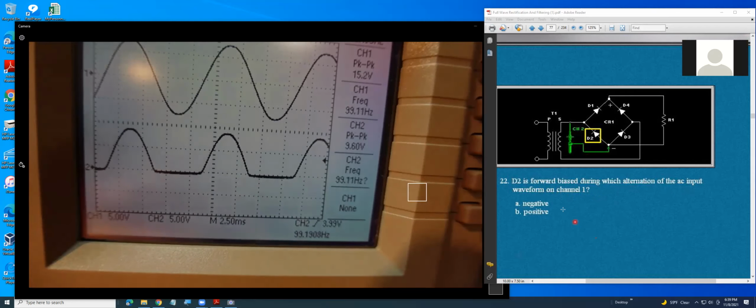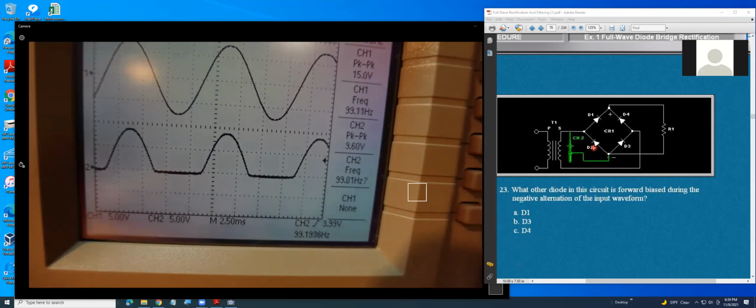Okay, now basically, which diodes in the circuit are forward biased during the negative? So this one is forward biased during the negative, D2, and D4, the one directly above it. Yeah, that will be D4.